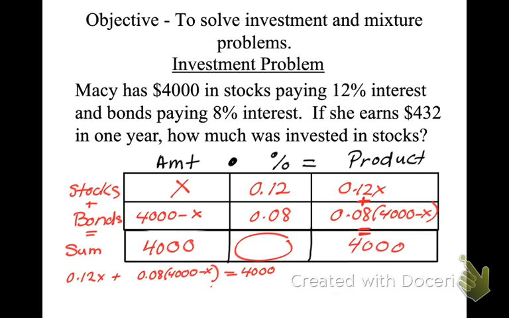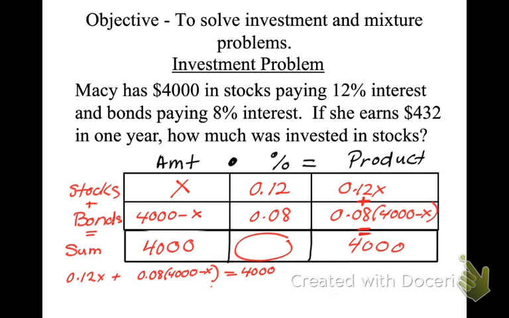Okay, so stocks and bonds. Have you heard of the stock market? The question is, what is stocks and bonds? So the stock market is like I might buy some stock in Tesla. And what they're saying is you make, let's say, 12% per stock. If you keep it there for a year, let's say it was $10, you'd make 12% of that at the end of the year for one stock.